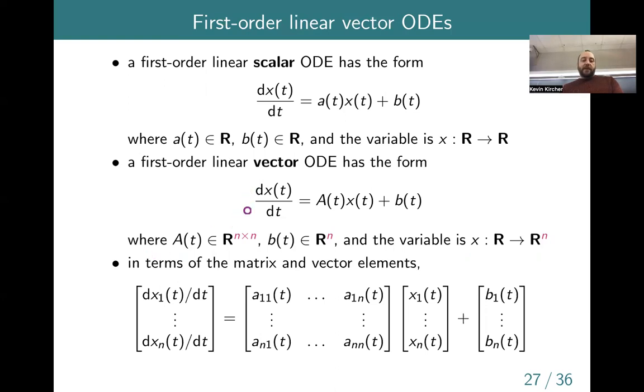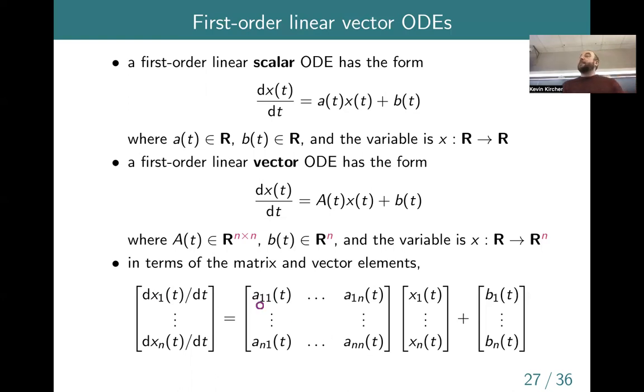We can write this same equation, our canonical linear vector ODE, in components, and maybe it's a little bit more clear. Our variable x we can write as a list of n functions, x1 through xn. The left-hand side, dx by dt, is just a vector of all the time derivatives of all the xi functions. And then the matrix A of t is just a bunch of functions, a11 through ann.